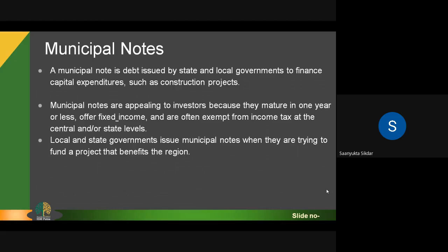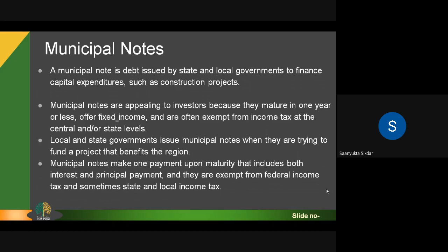So usually local and state governments issue municipal notes when they are trying to fund a project that benefits the region. So this is another important money market instrument, the municipal notes, since they are tax exempt as well and they are less than 1 year, usually extending up to 1 year, and very lucrative interest rates are also paid to the investors.